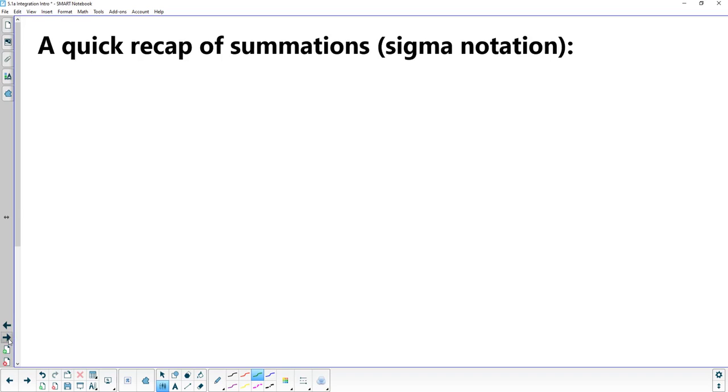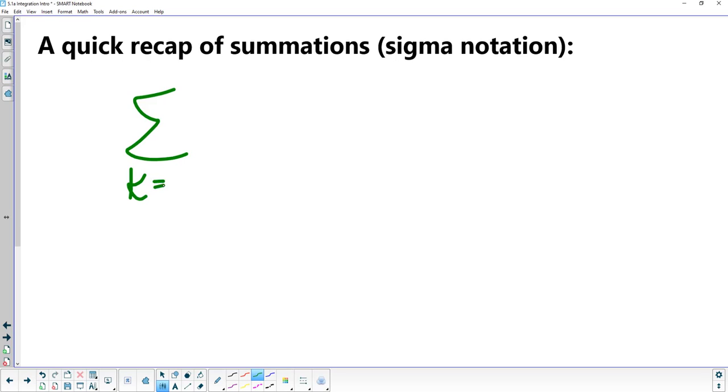I would like for you to write this. Sigmas, let's see how much of my videos you watched last year in pre-calc when we went into lockdown. This is the Greek letter sigma, which stands for sum. You can use a letter for your index down here. It doesn't really matter what letter you use. K is pretty common.